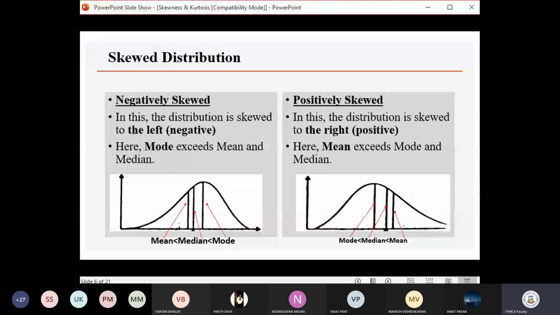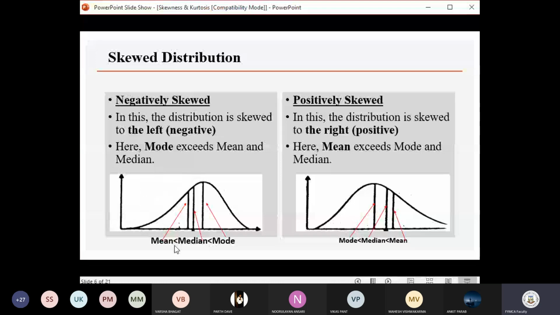The meaning is, in the negatively skewed, the distribution is skewed to the left hand side, that is on the negative side. There is some type of deficiency on the negative side. So this will be called negatively skewed.